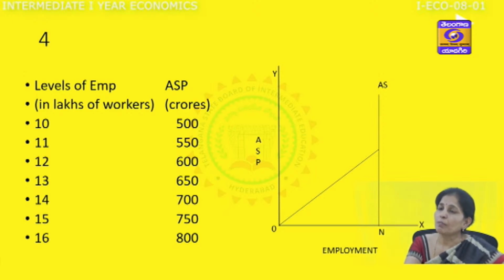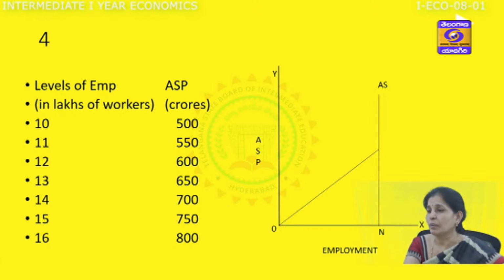When the level of employment is 10 lakhs, the amount they have received for the supply of commodities is 500 crores. As employment increases, the supply also increases. We assume that 16 lakh workers are employed and 800 crores is the supply in the economy.